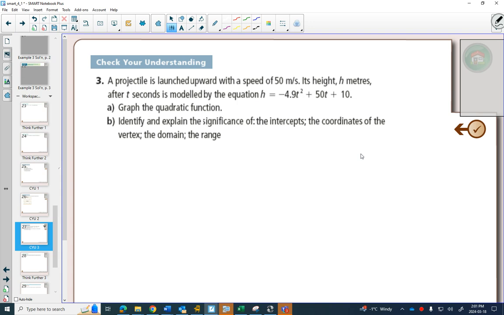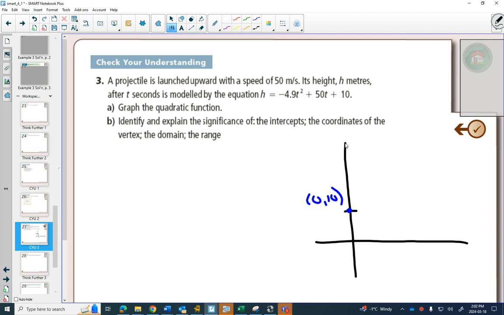Sometimes in math textbooks, they make up questions and they don't actually match real life problems. This one does. The problem with a graph matching real life problems is the numbers aren't as nice. Like, oh, negative 4.9. So when I go to graph in part A, first of all, I think plugging in 0 and getting 10 for y is the easiest point.